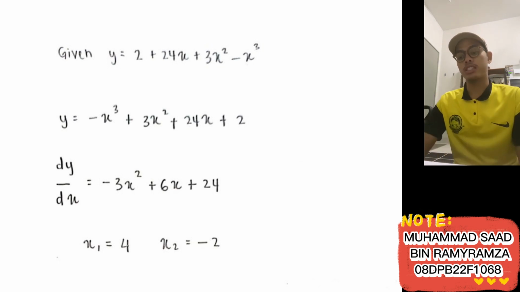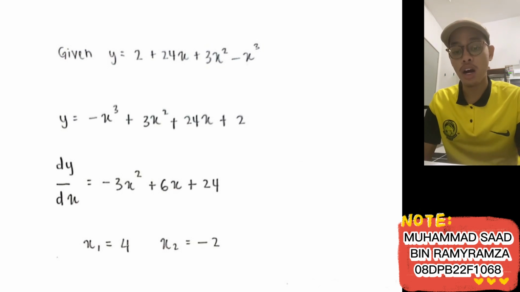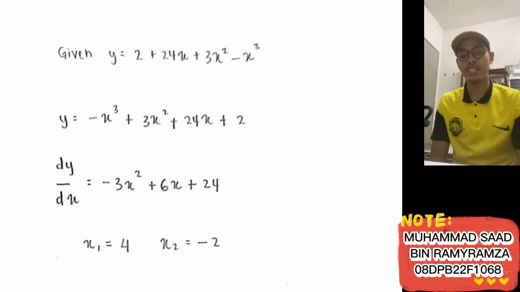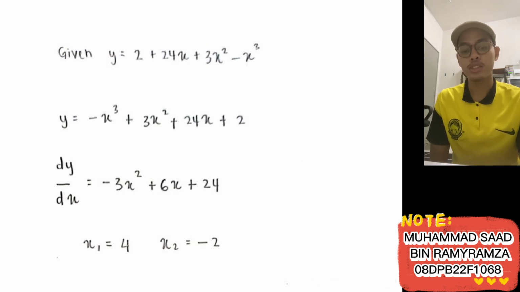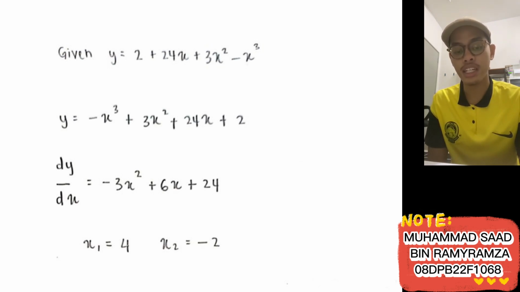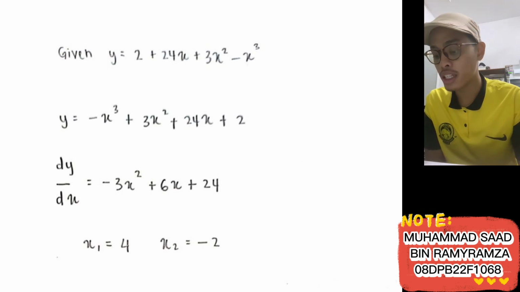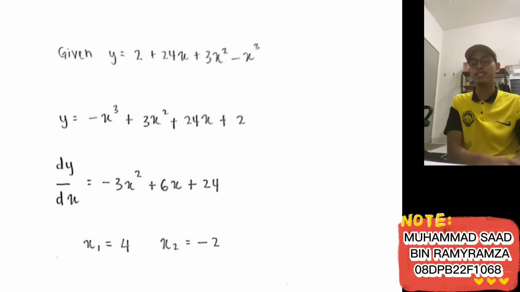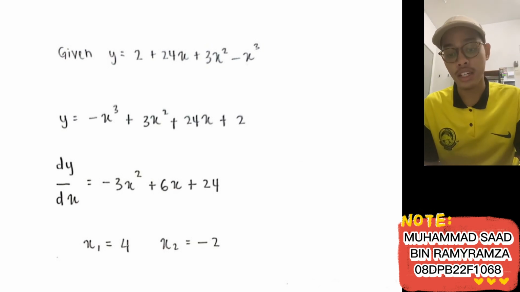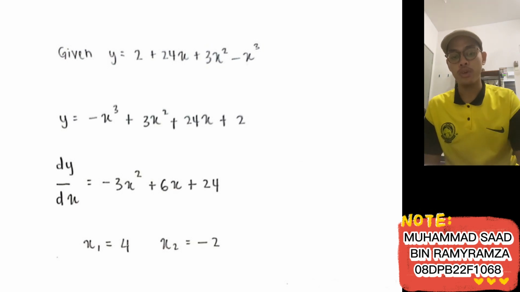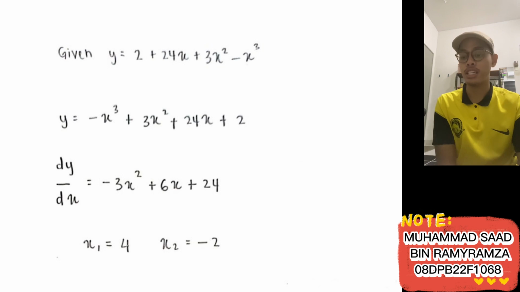Back to our question, we are looking for coordinates. How do we find the coordinates? We need to find x and y. To find x, based on dy/dx, we put the dy/dx equation in our calculator in equation mode. Then we get x equals 4 and negative 2. Now that we have x, we can find y by substituting x in the first equation.